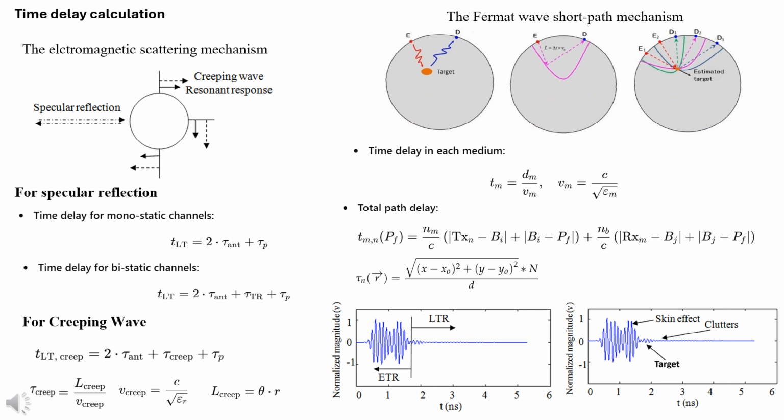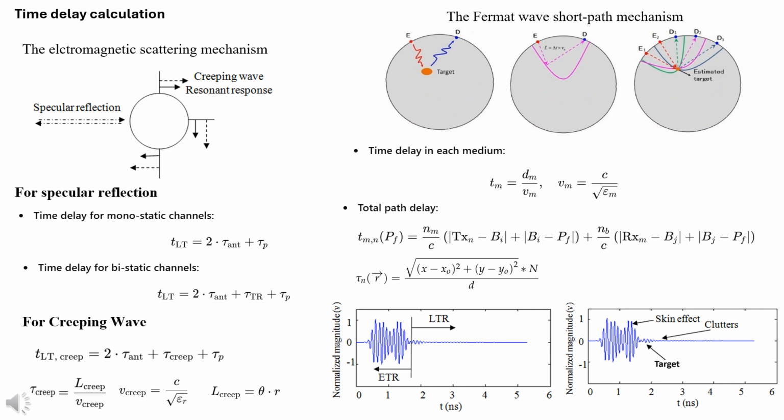Clutter can complicate signal interpretation, as they may overlap or obscure the primary signal from the target, potentially reducing the imaging system's accuracy. In the graph, clutter signals appear as small, irregular oscillations after the main reflection. Proper signal processing techniques are needed to filter out these clutters to focus on the target signal.